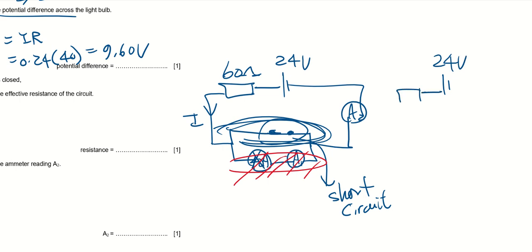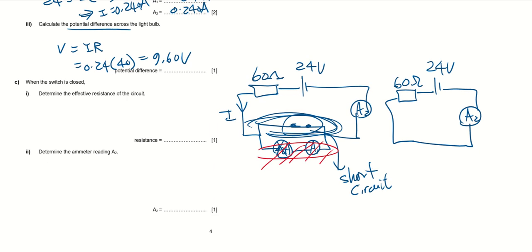I'm going to omit the lower path because the top path presents itself as a shortcut, so I'm left with A2. My light bulb and A1 is out of the picture because of this short circuit. So to determine the effective resistance, we have only this 60 ohm left.